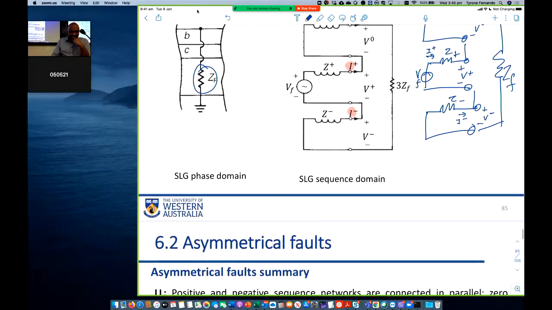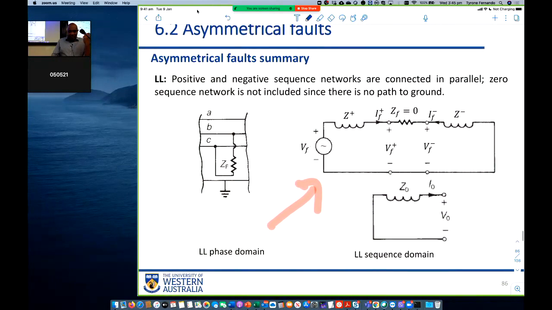So then line to line faults, right? You take the same positive sequence circuit, which is always like that, and that's the positive sequence voltage. You need to know that the positive sequence current is like that.